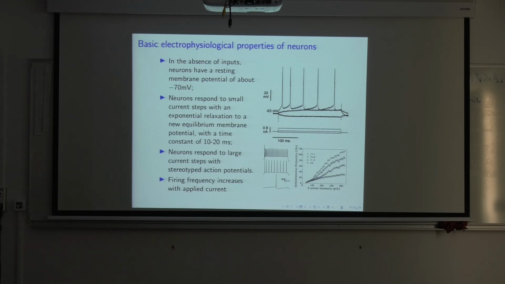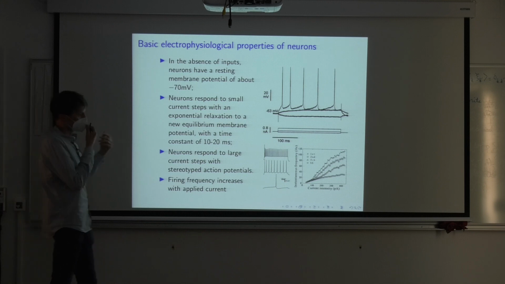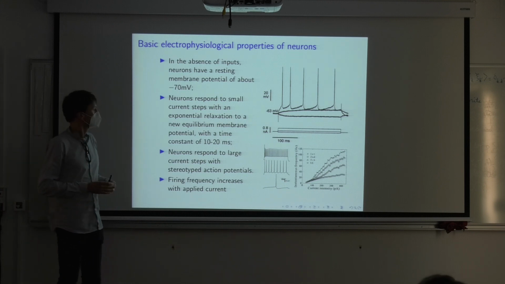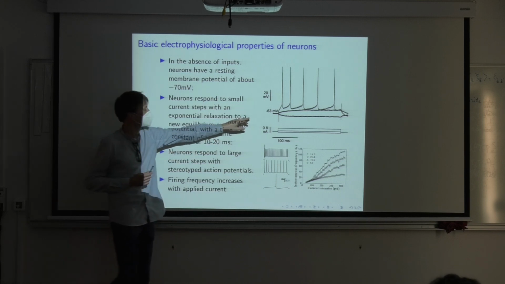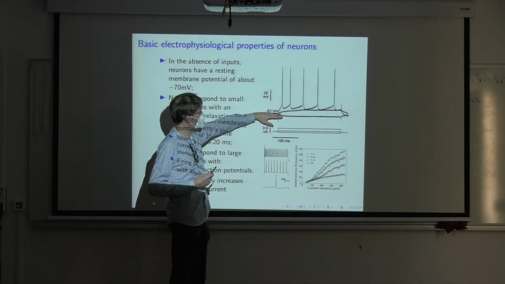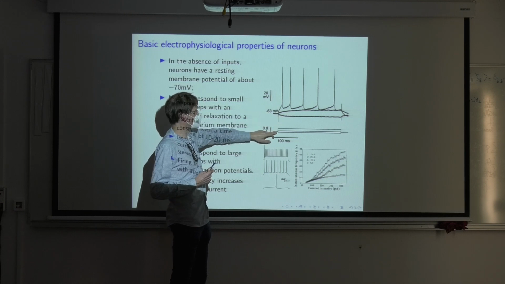There are more sodium ions outside the cell than inside the cell, and potassium ions have the reverse gradient, etc. I don't have time to go into these details, but basically that leads to a hyperpolarized resting membrane potential. But then, using an electrode, you can inject a step current.